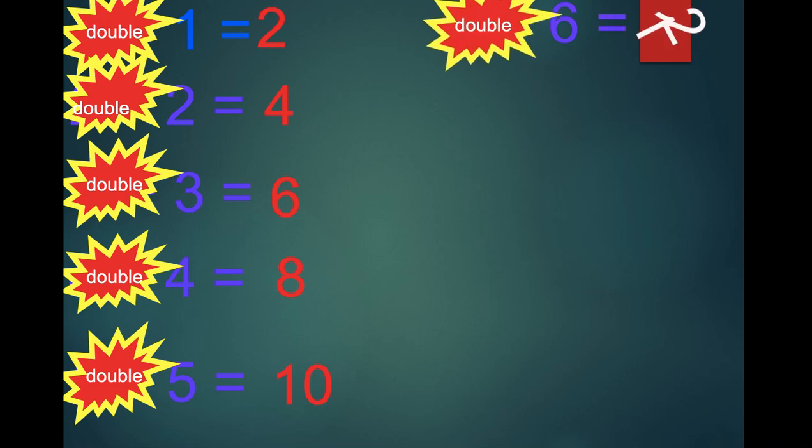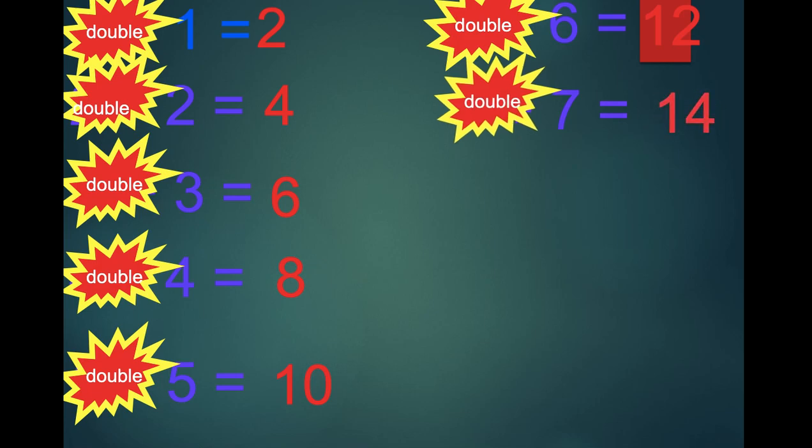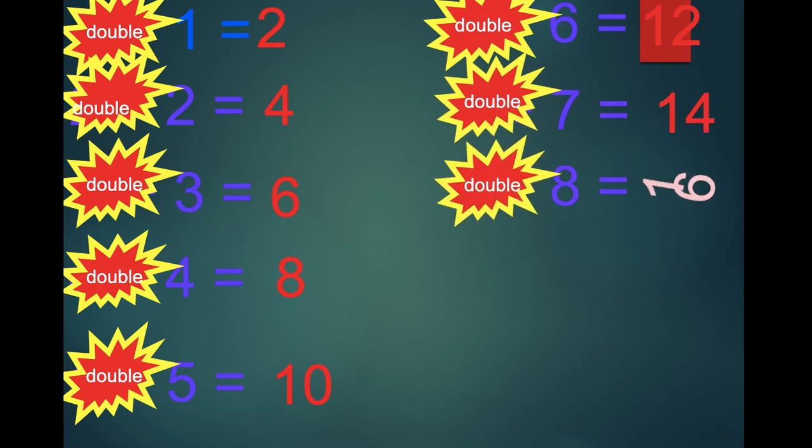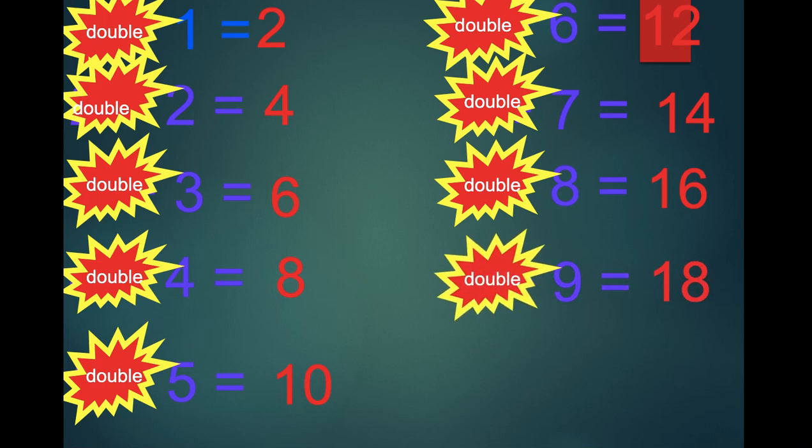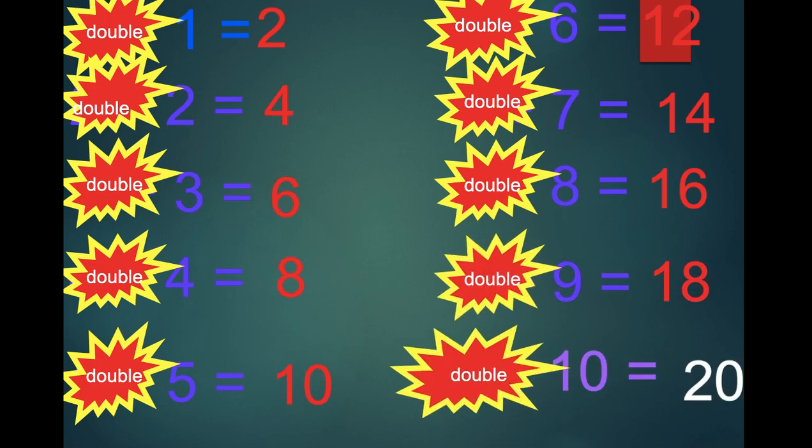You can see this is just 2 tables. Doubles of 6 is 12. Doubles of 7, well done, 14. Doubles of 8, 16. Doubles of 9, 18. That is 2 nines are 18. 2 tens are 20. Well done.